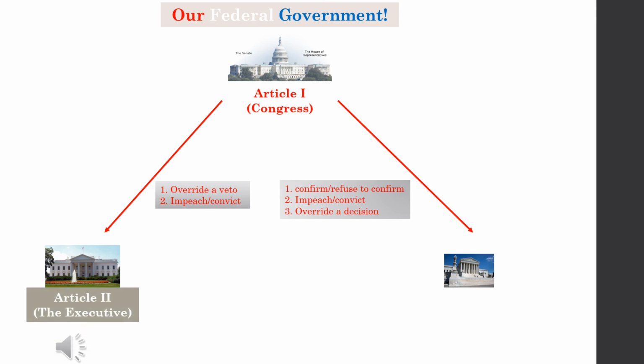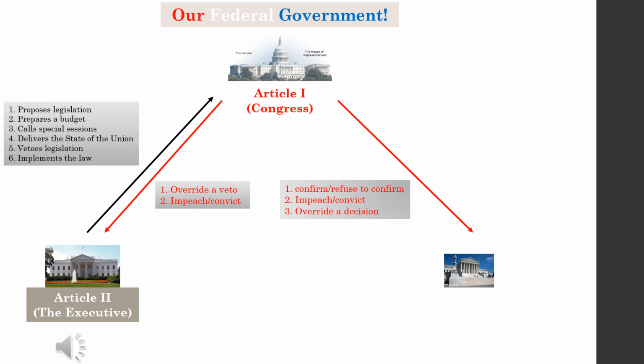Now let's talk about the president. Article 2, the executive, has a check on Article 1 Congress by doing any of the following: proposing legislation, preparing a budget, calling special sessions, delivering the State of the Union, vetoing legislation, and implementing the law. The president's check on the courts is that the president gets to appoint justices and all federal judges.